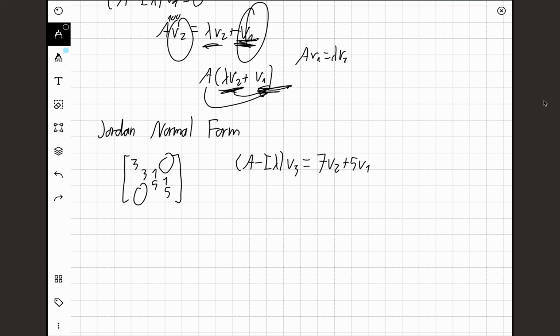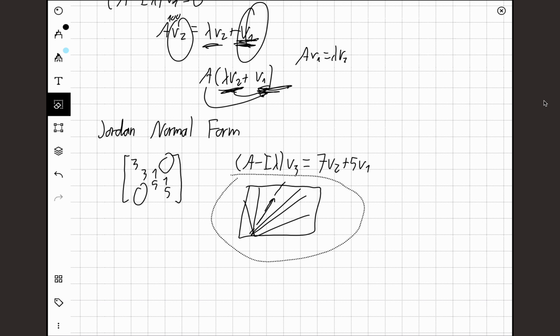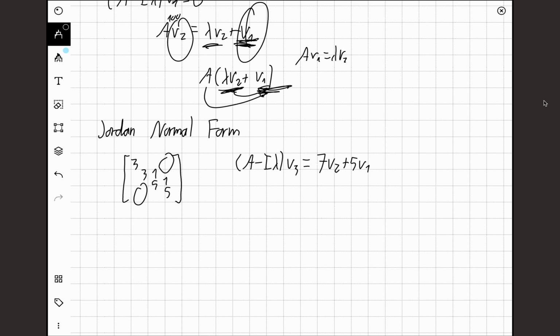Remember, an eigenvector has to be specifically on this line over here. But generalized eigenvectors can be anything inside of the generalized eigenspace. So there's an infinite amount of them. We can pick a bunch of them. We can always pick such generalized eigenvectors such that they decompose nicely into their constituent lower rank eigenvector parts.